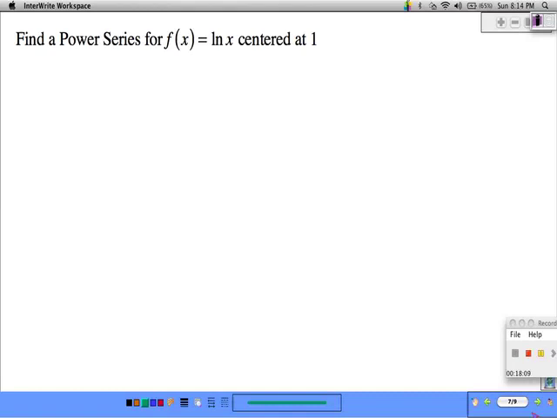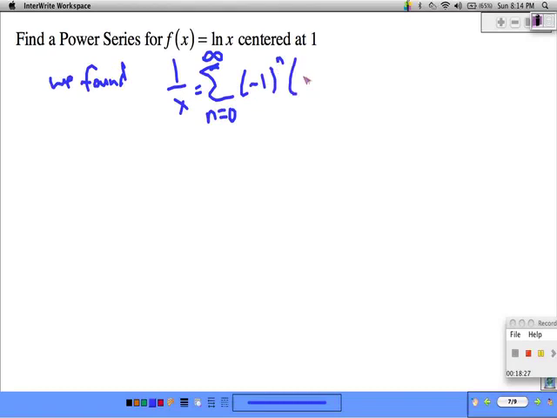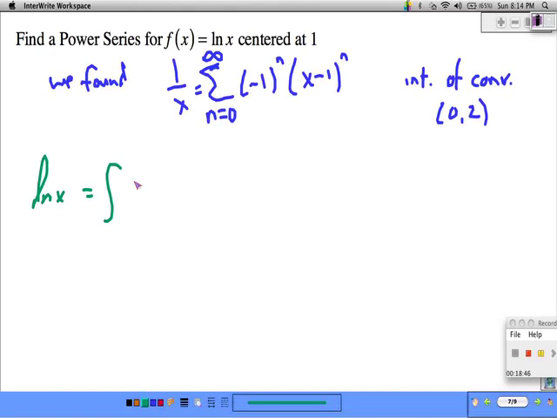Well, earlier in this section, we found that 1 over x was equal to this power series with an interval of convergence being 0 to 2. Well, the natural log of x is just the integral of 1 over x dx.